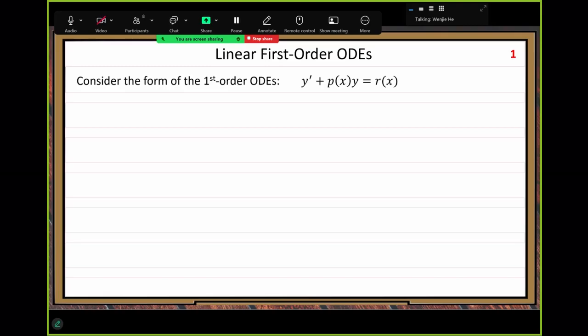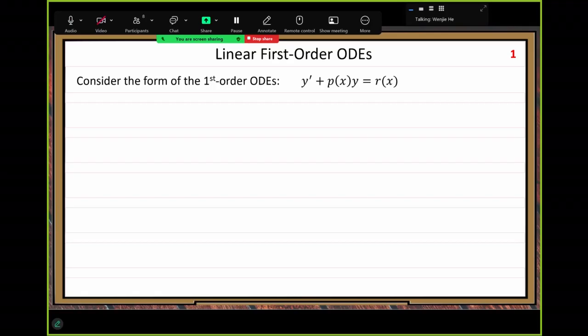So we assume its integral exists. Then the R function is quite general. But if a first order ODE has this structure, then we have a special method to find a solution, the special method we learned last time.